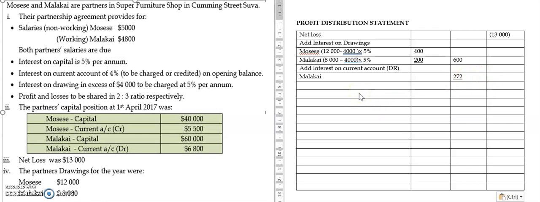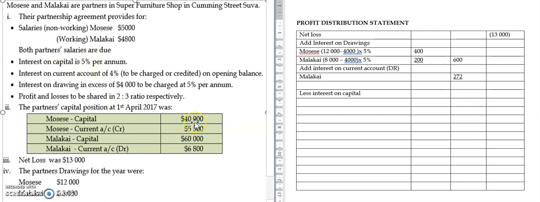Now we subtract all the expenses of the business, expenses that they have made towards the partners. So first thing, we'll have interest on capital. Looking in the question, Mosese's capital was 40,000 and Malakai's is 60,000, and interest on capital is 5%.